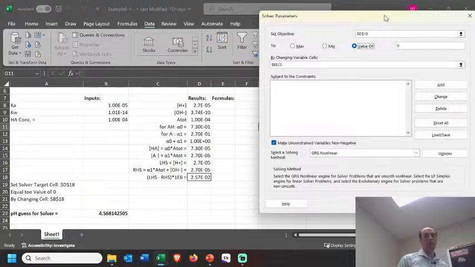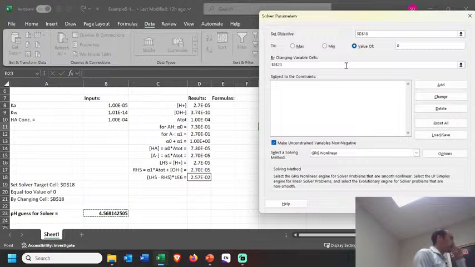And how to do it, that's where you say you may change these cells. Now, in some cases, you might have multiple variables. So you could use this system to solve for multiple variables in your equation.